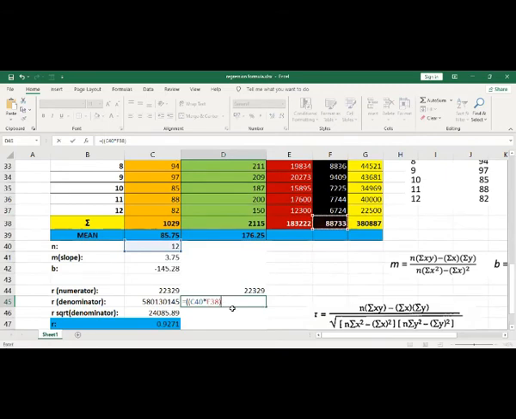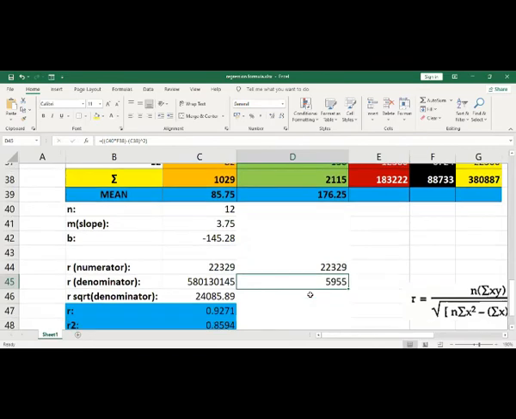Then, close. Next, subtract the summation of x raised to the power of 2. This is the summation of x. Then, close parenthesis, raised to 2. Then, close mo yan. Hindi pa tapos yan. Zoom in ko muna baka hindi makita.